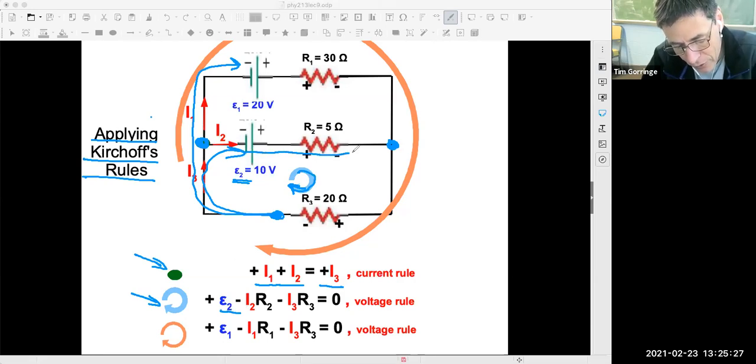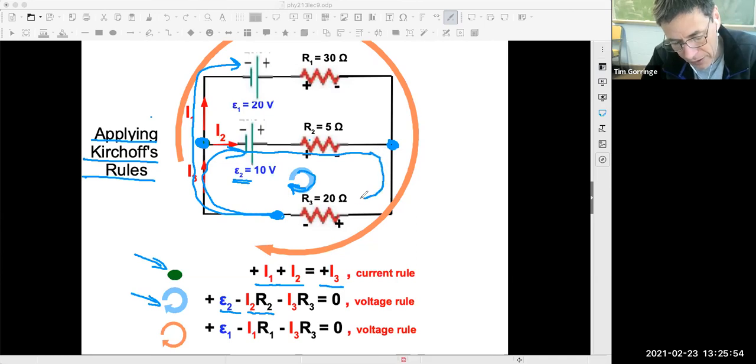I continue on around the circuit. I pass through resistor number 2, and the potential difference across resistor number 2 is I2R2. That potential difference is a decrease in potential because I'm walking in the direction of the current flow. And so that's negative I2R2.